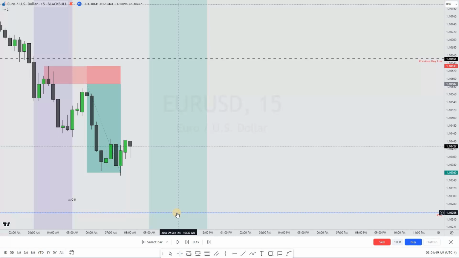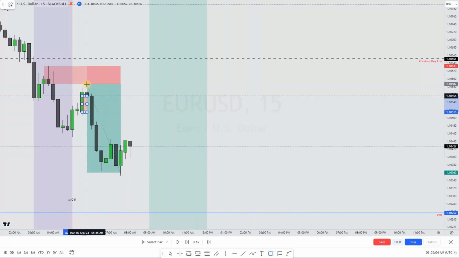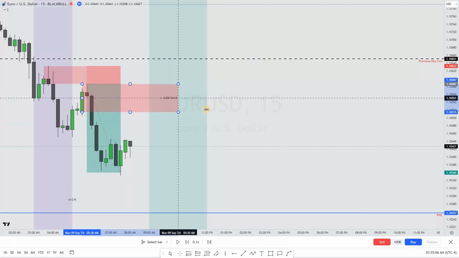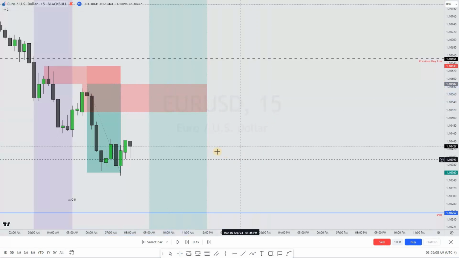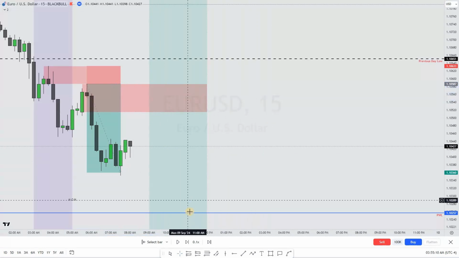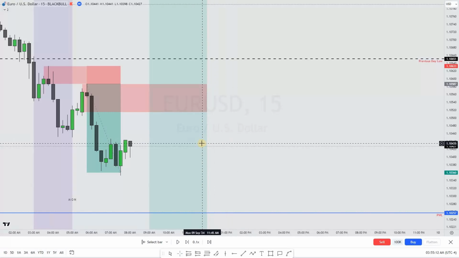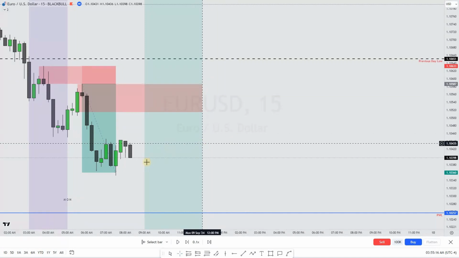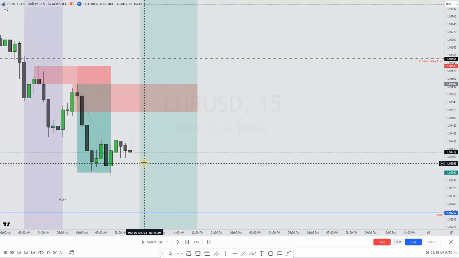I don't want to say it was a definite thing because I don't believe there's anything definite in trading, but it was another confluence, another reason for me to take a trade. So coming to the New York session, I was anticipating a continuation down. So I sat here and I waited for 9 a.m. to see what will happen.